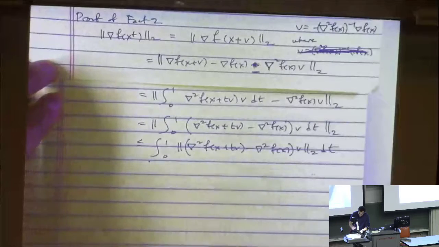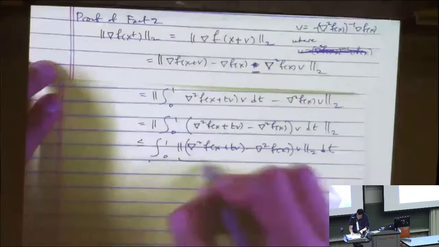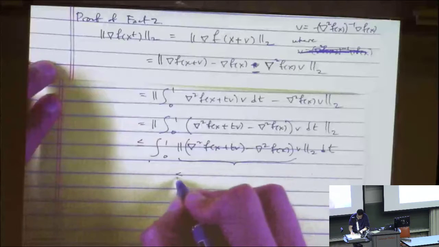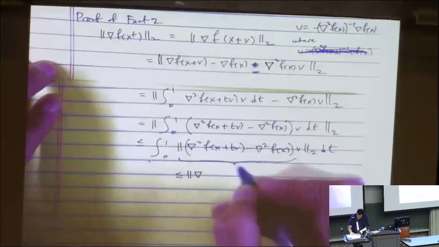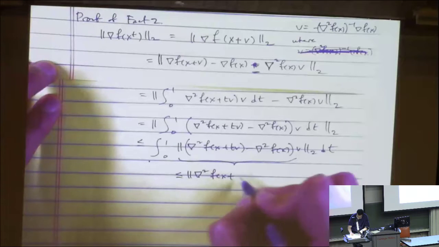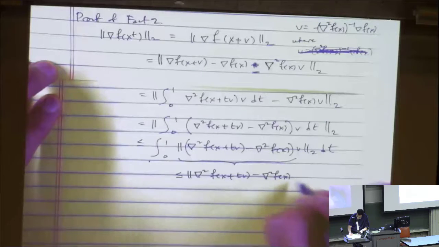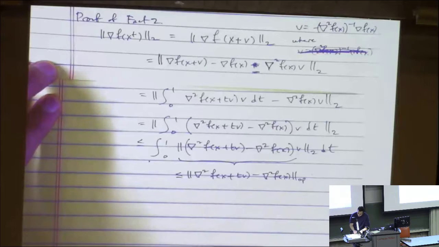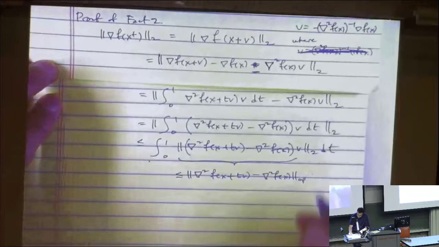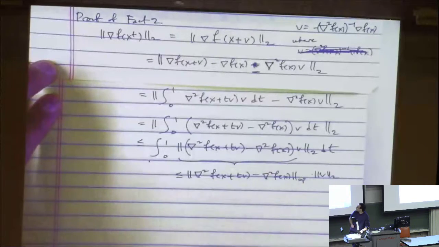And now I'm going to invoke the Lipschitz property of the Hessian, right? So this I can bound, let's say, by Cauchy-Schwarz as the operator norm of this matrix times the L2 norm of v.